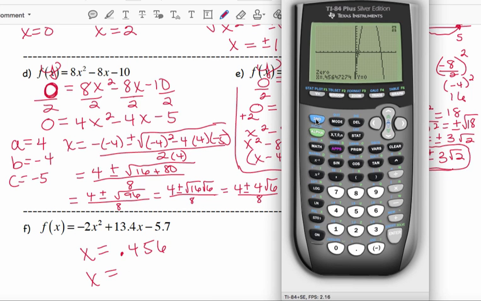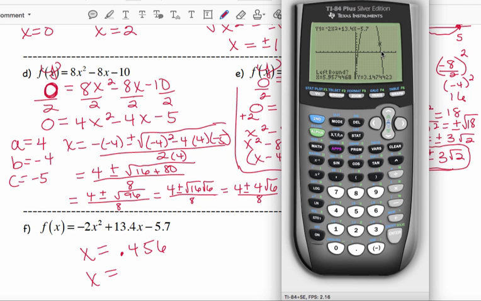So I'm going to once again do second trace, which is going to take me in the calculate window, then 2 for 0, and now I'm going to scoot over, moving to my other 0. Okay, so the calculator is asking me for the left bound, and this would be considered the left side of my 0 on top of the x-axis.